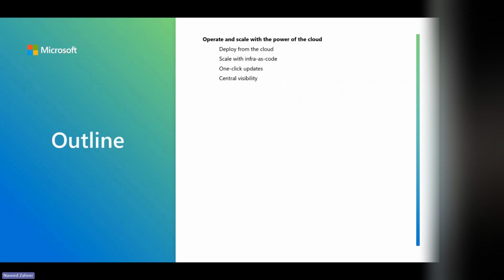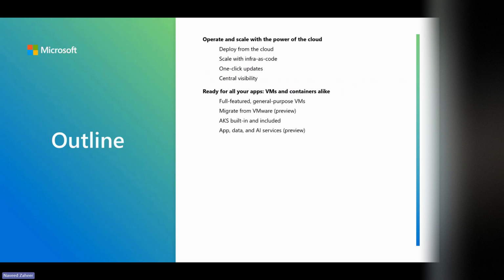So that's that. Okay, so here is what we're going to be covering in terms of specifications. First of all, as I said, the ability to operate and scale as with cloud. So you can deploy from cloud, you can scale with infrastructure as code and one-click updates, and you have visibility as a single pane of glass.